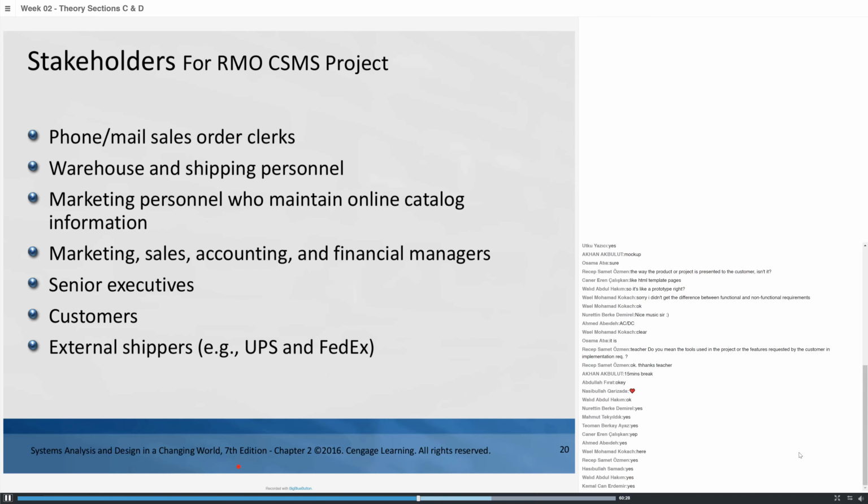So for this scenario, ordering clerks, warehouse personnel, marketing personnel, different kinds of managers, senior executives, customers, even external shippers like UPS and FedEx can be our stakeholders.